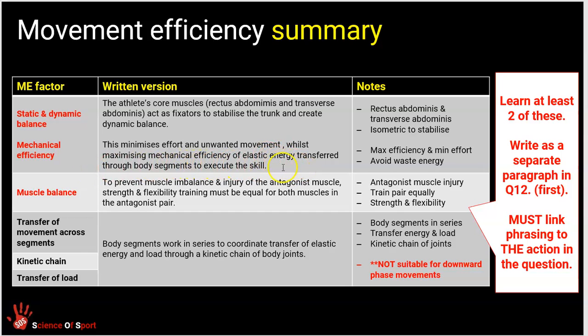And that dabbles a little with this transfer of movement across segments. So if you could get your head into these couple of sentences and more or less learn them, I think that'd be a really good thing.